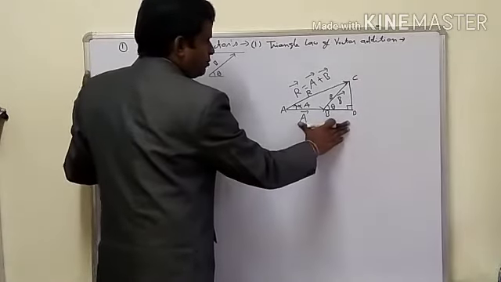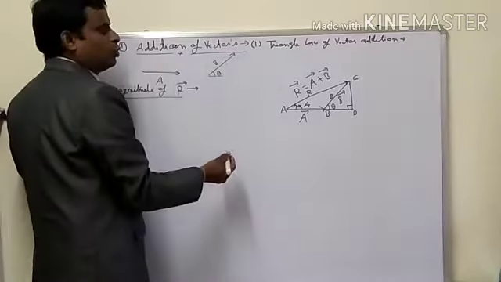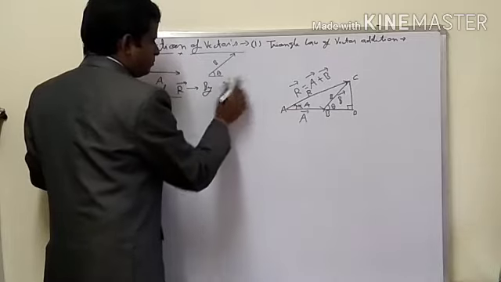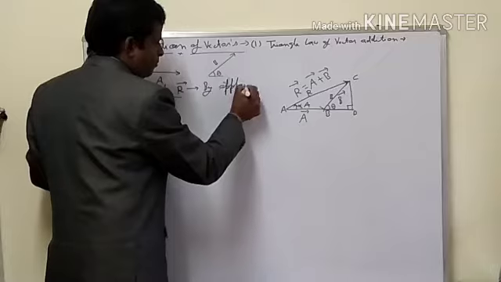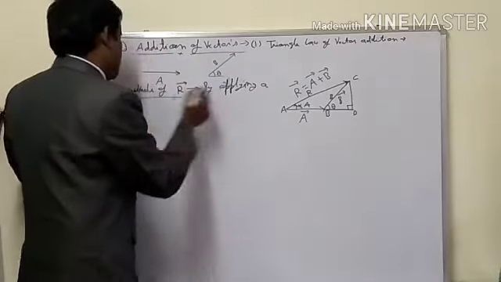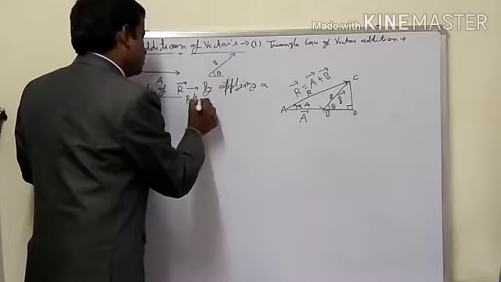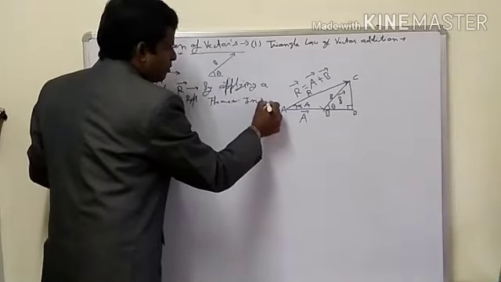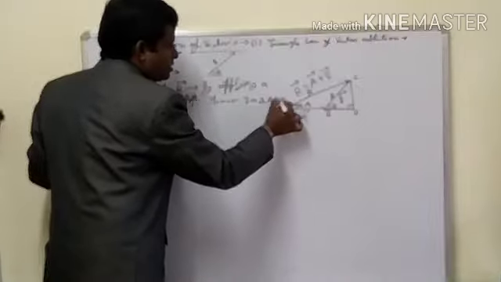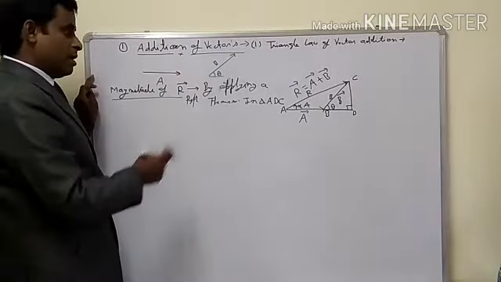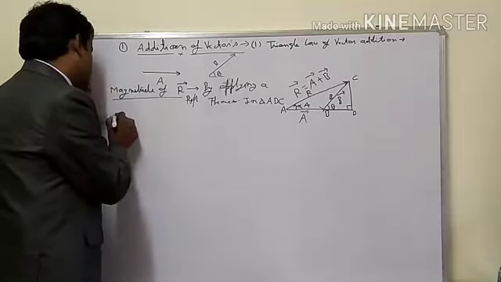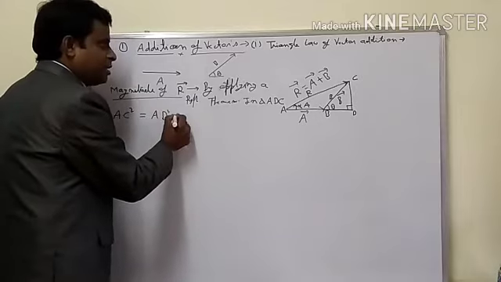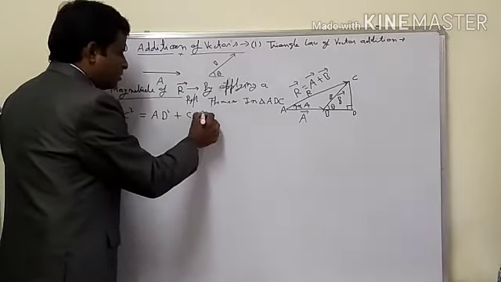this figure is over here. We are applying the Pythagoras theorem. By applying the Pythagoras theorem, in triangle ACD, which is a right angle triangle, according to the Pythagoras theorem, you know that AC square, that means hypotenuse square, is equal to AD square plus CD square.